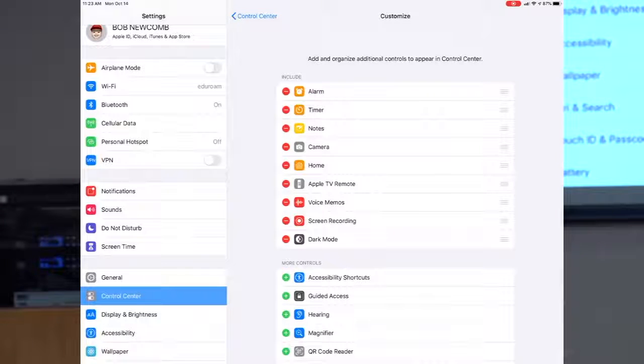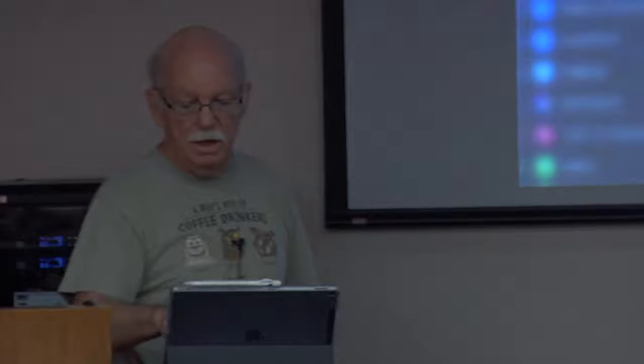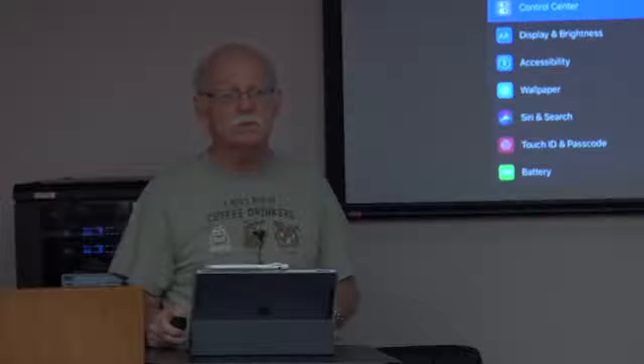I can add dark mode to Control Center, and there it is. So I can turn it on and off quickly from Control Center. Dark mode was probably the most asked for feature for iOS change, and they put it in 13. Okay, so this is the settings, Control Center, and customize the controls and go to dark mode.